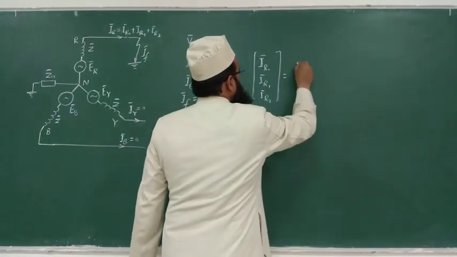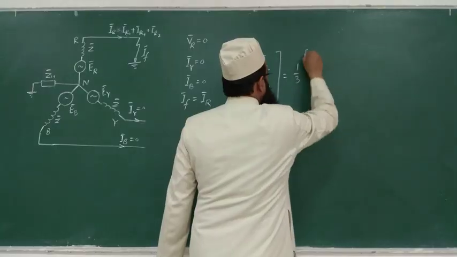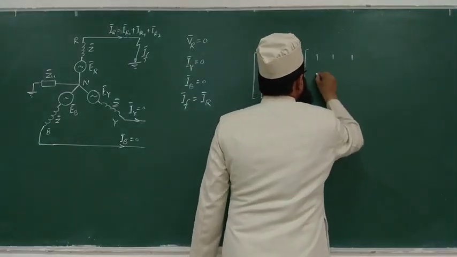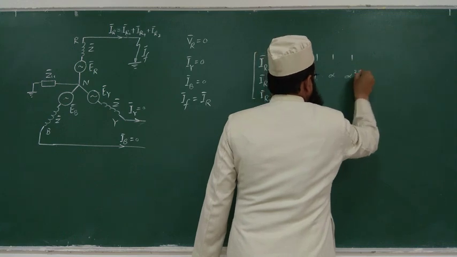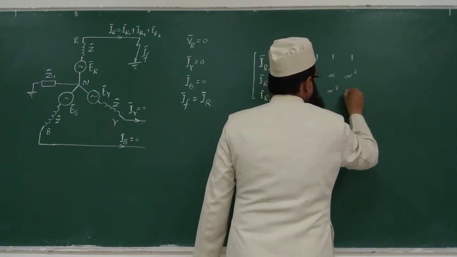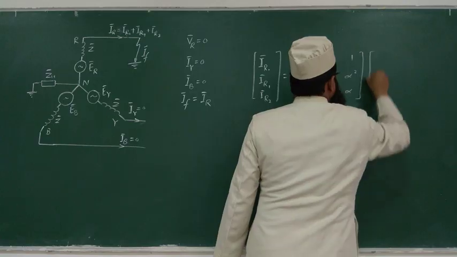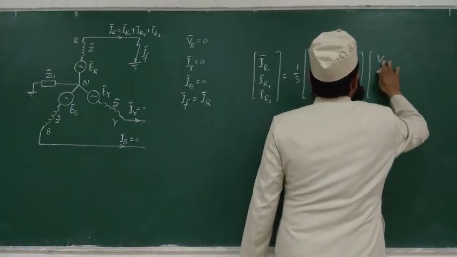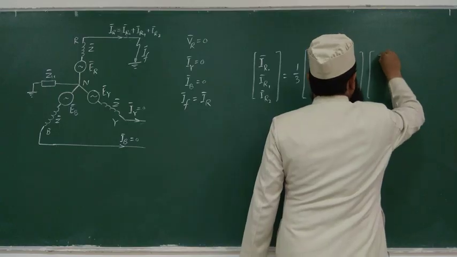So tell me the values of this matrix elements. 1 1 1, 1 alpha alpha square, 1 alpha square alpha, and here the values will be, this is current, right? So for current this will be IR 0.